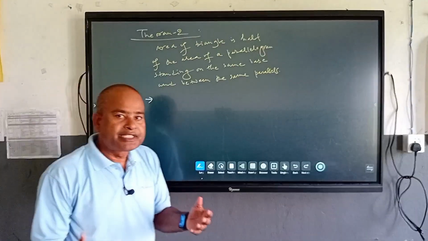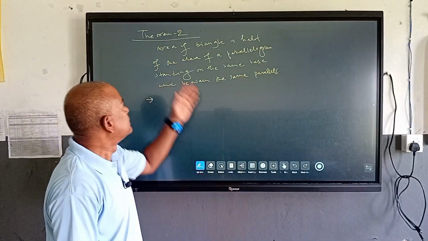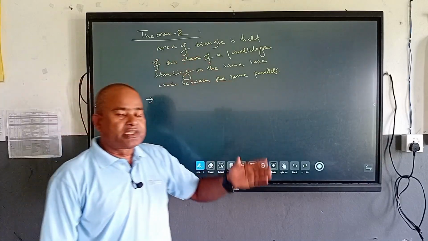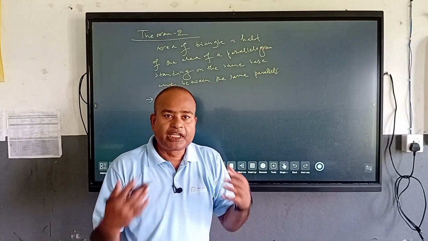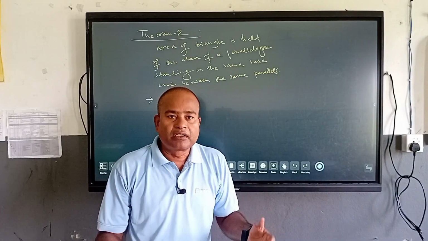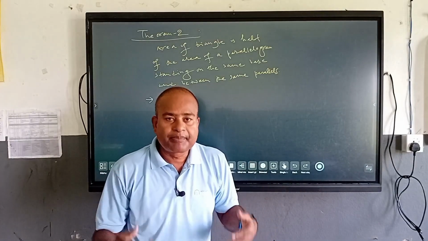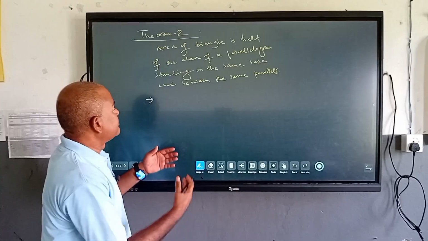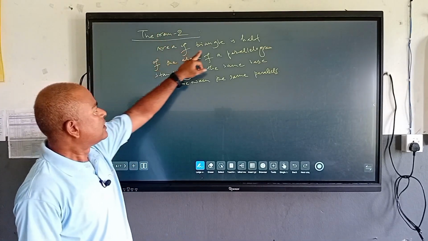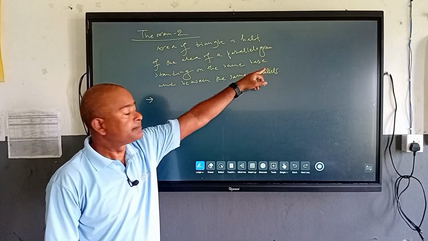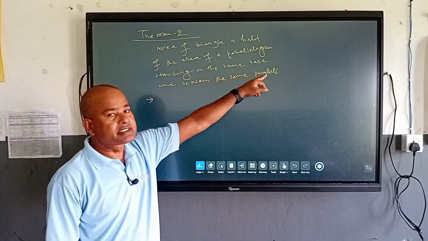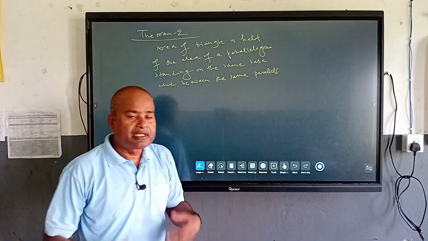Dear students, the statement of theorem 2 is the relation between the area of a triangle and area of a parallelogram standing on the same base and between the same parallel lines. The statement is: area of a triangle is half of the area of a parallelogram standing on the same base and between the same parallel lines.